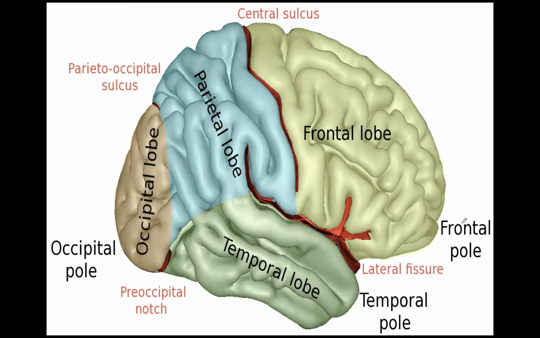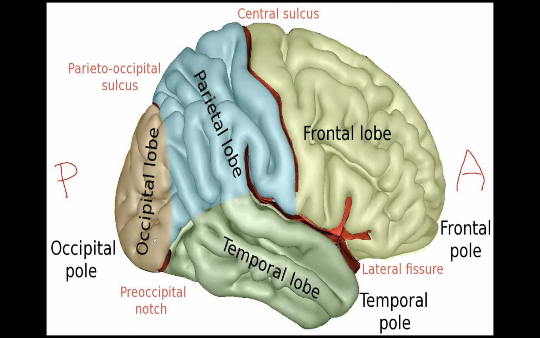So here, this is the anterior frontal lobe, and this is posterior, the back of your brain. So the occipital lobe is at the back of your brain, and here is the front area of your brain.